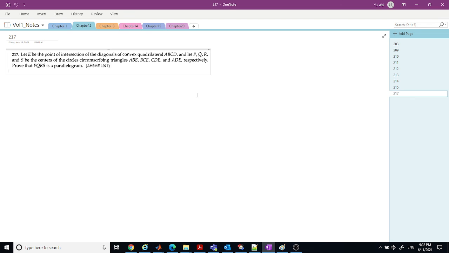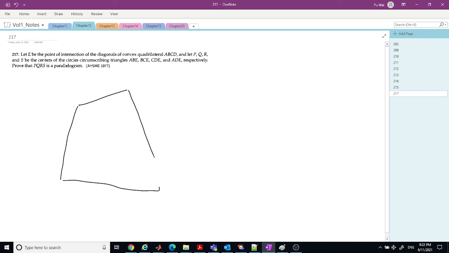Then question number 217. Okay, so we have E as the point of intersection of the diagonals of a convex quadrilateral. So we just have any convex quadrilateral A, B, C, D, right? Okay, let's see.